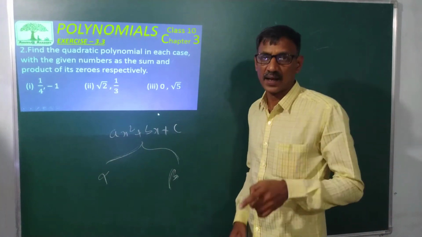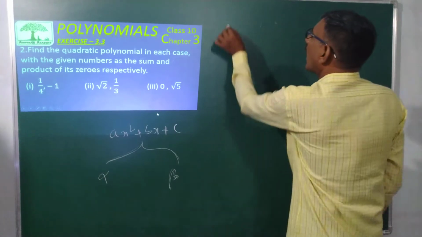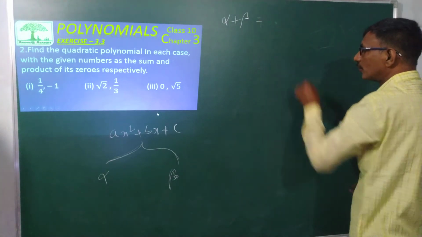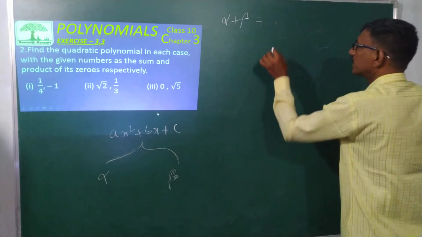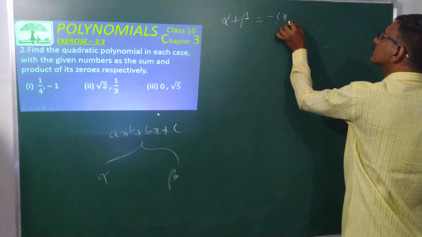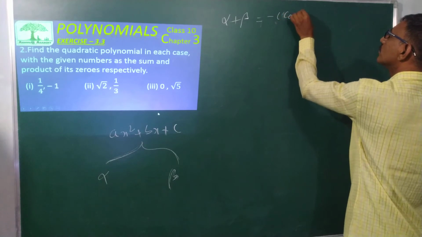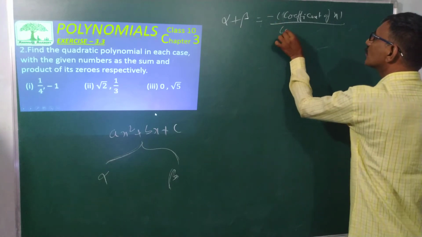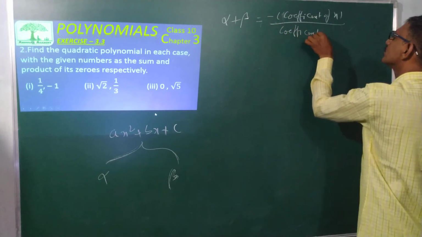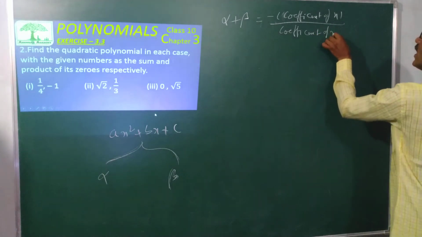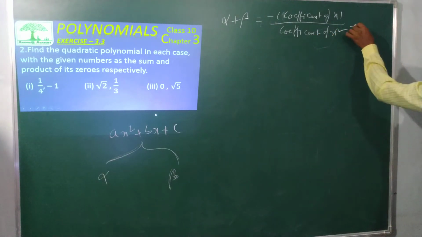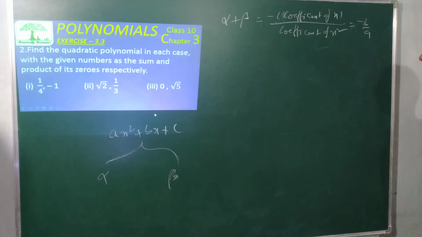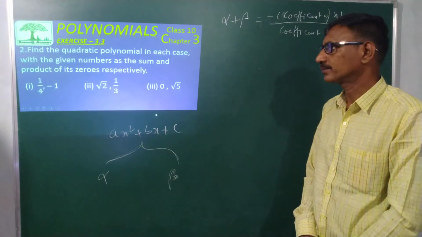In the last class, I already explained: alpha plus beta is nothing but the sum of zeros, which we proved equals minus the coefficient of x divided by the coefficient of x square. In shortcut, very simple, we write minus b by a. Am I clear or no?